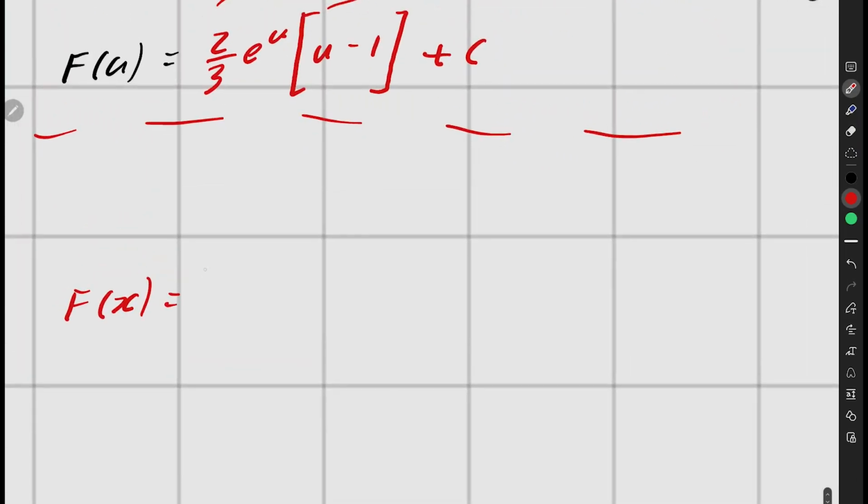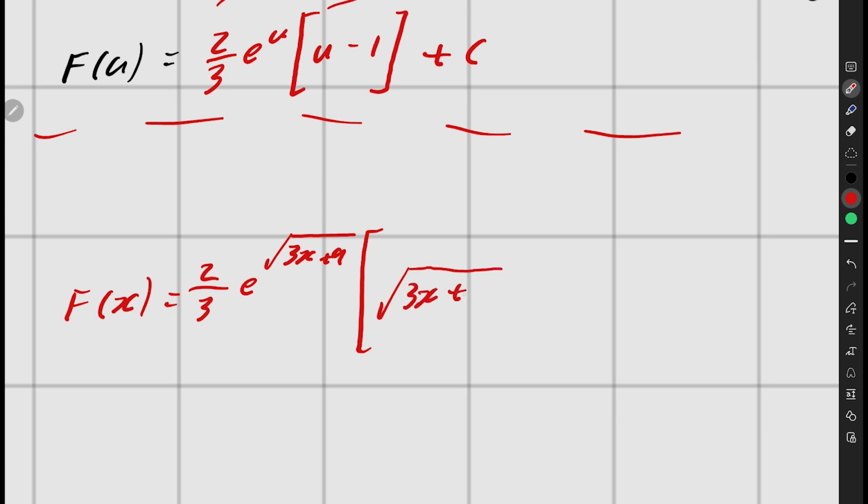So we're going to substitute that back into the equation. 2 divided by 3, e to the square root of 3x plus 9, multiplied by the square root of 3x plus 9 minus 1, plus c.